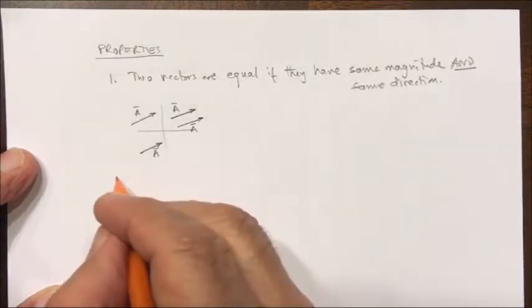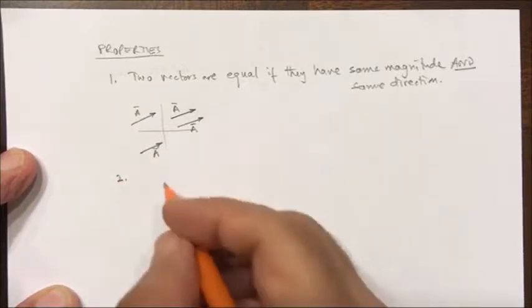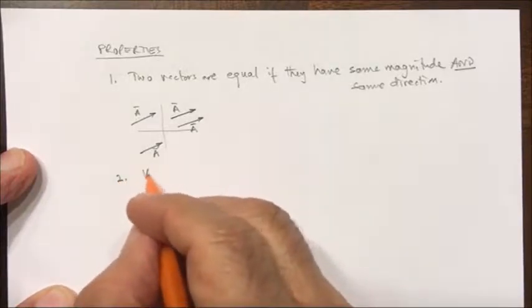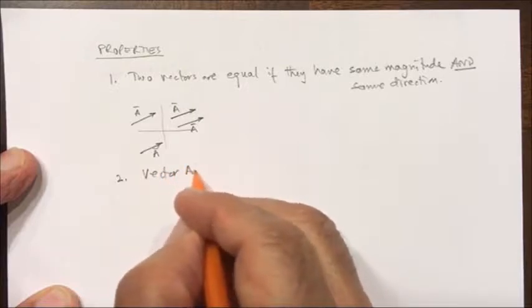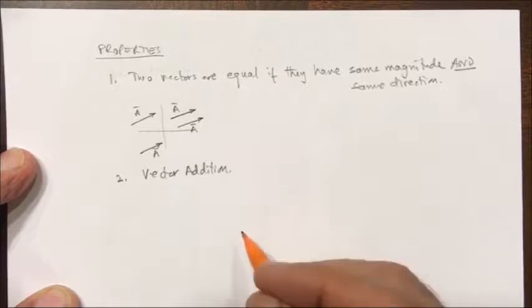Now, the second thing we want to see is if we want to add two vectors. And we'll see the graphical method first.